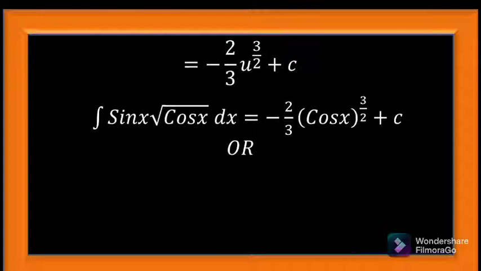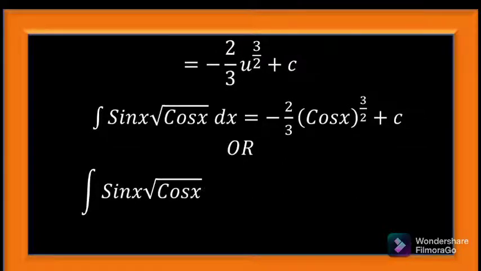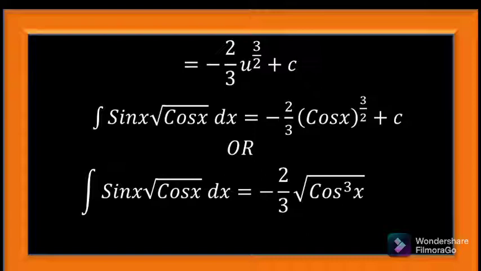So someone can conclude by saying the integral of sine x square root of cos x with respect to x is the same as negative 2 out of 3 square root of cos cubed of x plus a constant. Please, these two results are mathematically the same, so no worry about it.